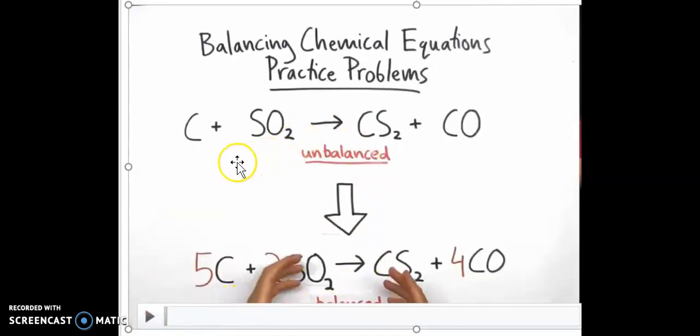If you're going to take a look at C here, 1 molecule of carbon. For sulfur, 1 molecule here, the other one is 2. So this is one of the reasons why this chemical equation is unbalanced.